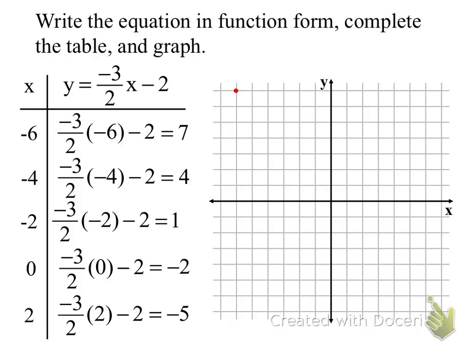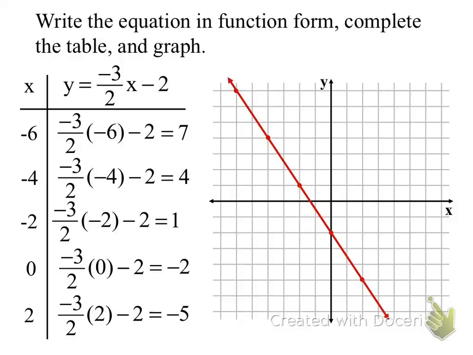Plot the point. Negative 4, positive 4. Negative 2, left 2, up 1. 0 across, 2 down. Negative 2. 2 positive to the right, 5 down. Negative 5. And then I make a line.